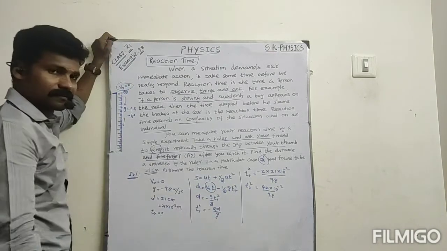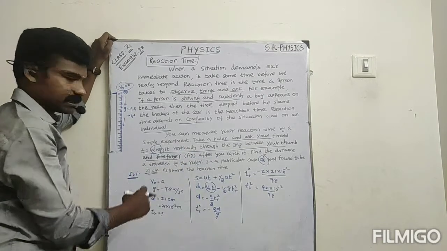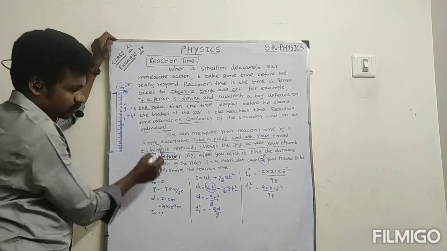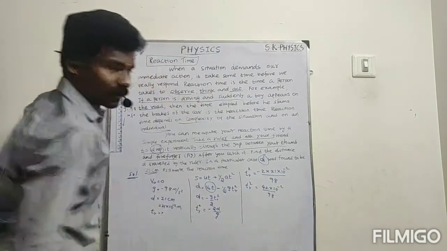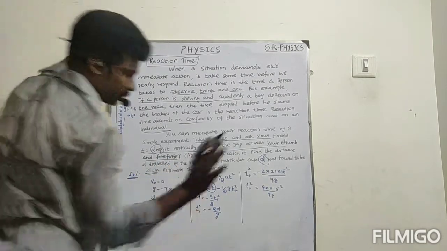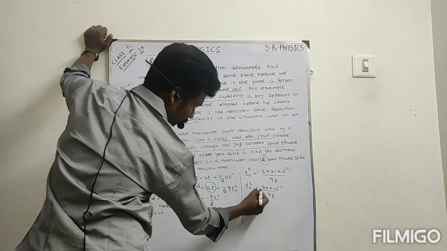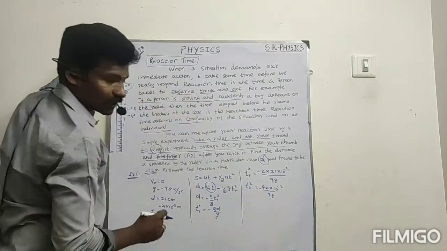Now we can apply the g value. Therefore tr squared is equal to 42 into 10 power minus 2 divided by 9.8. If the g value is not specifically given, no problem, we can directly apply 9.8. So minus is there, therefore 42 divided by 9.8.